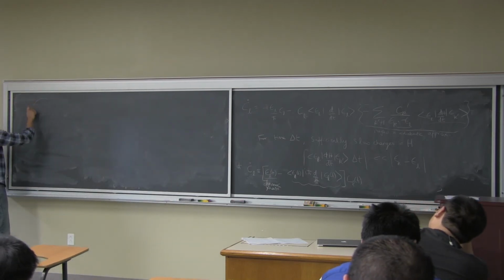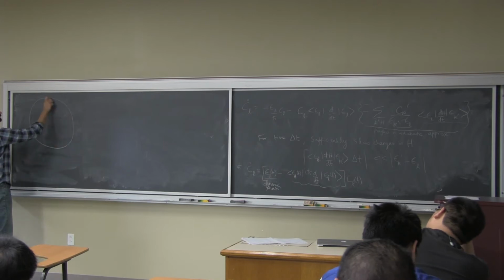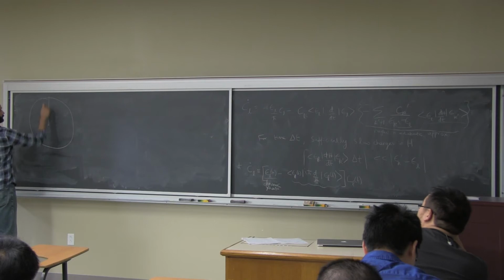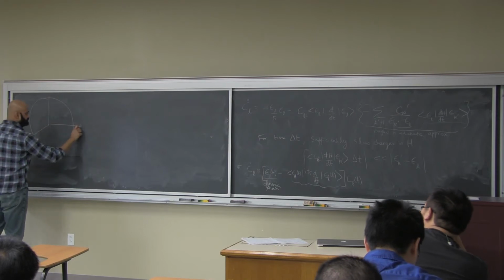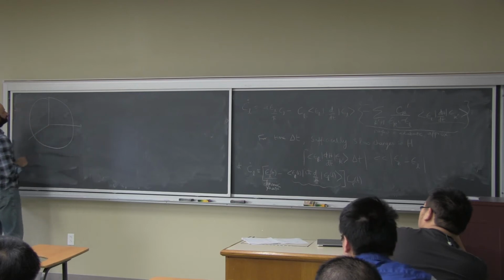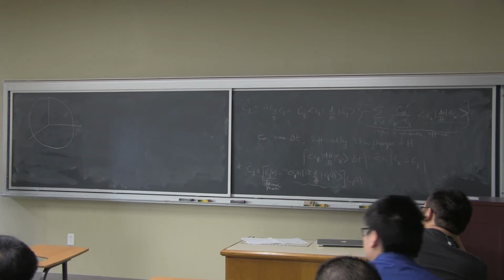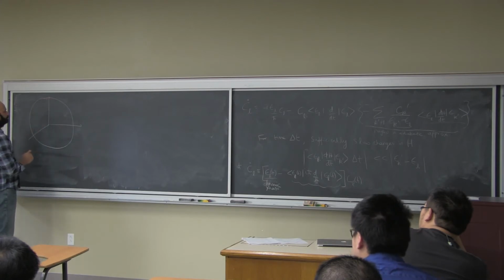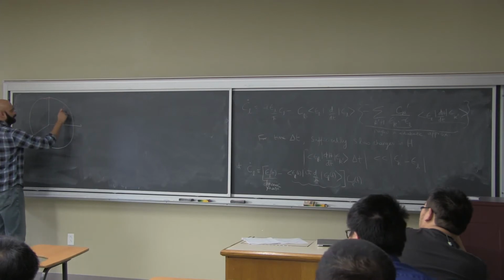Suppose I take a system on the Bloch sphere. This is the origin, this is the axis, and let me prepare it at time t.